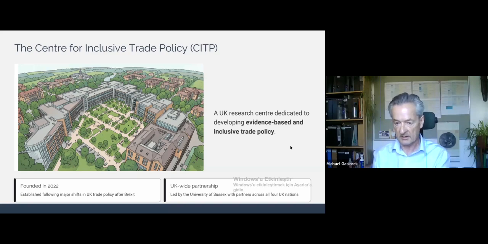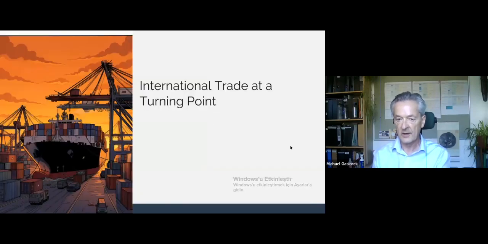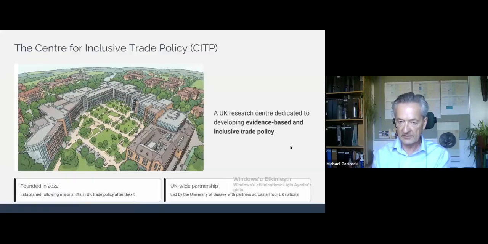We're a UK-wide partnership led by the University of Sussex with partners across all 4 UK nations, but also with partners around the world, including in Europe and America and elsewhere. So we're not focused just on UK research, we're focused very much on policy relevant research on international trade.